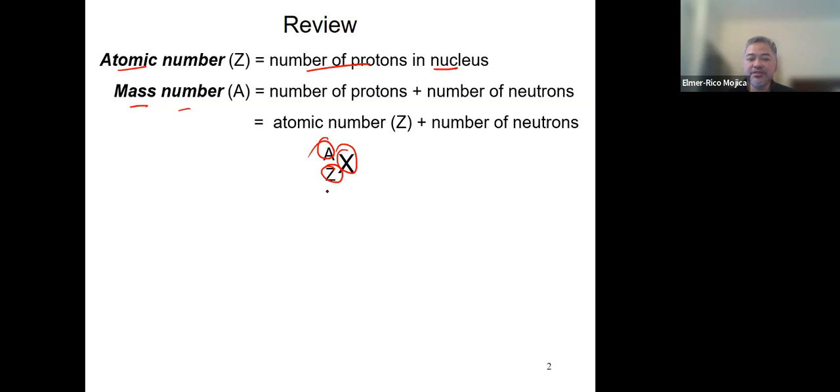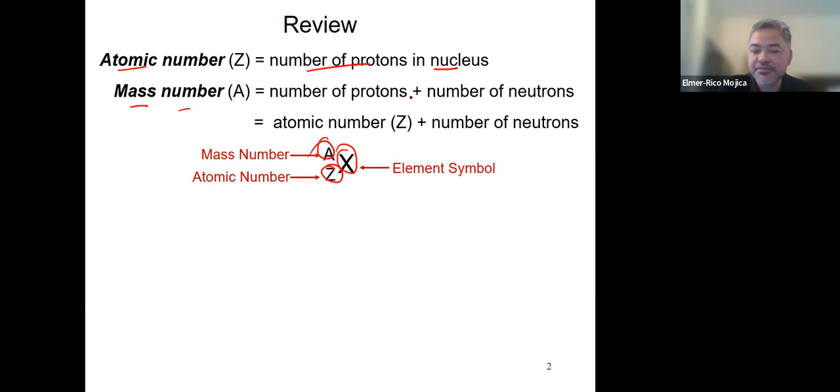And the mass number is the number of protons plus the number of neutrons.